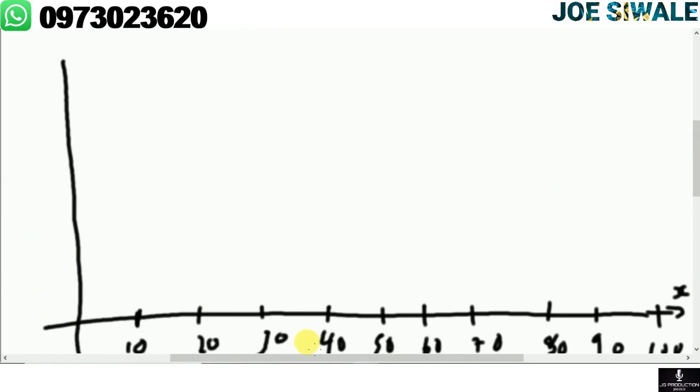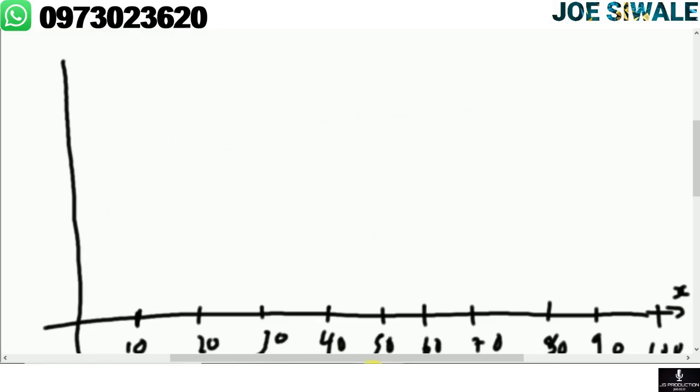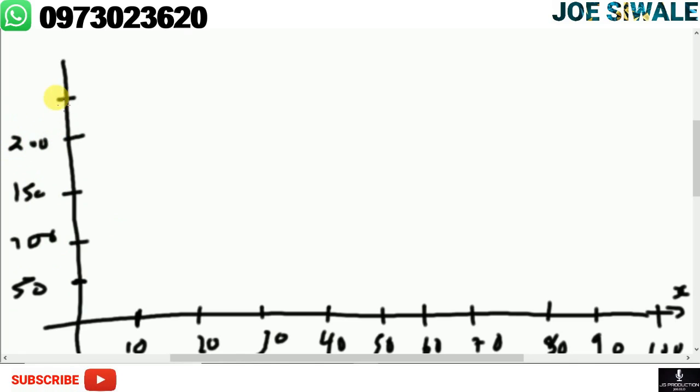It must represent 50. It's 50 boys. So I have 50, 100, I have 150, I have 200, I have 250.